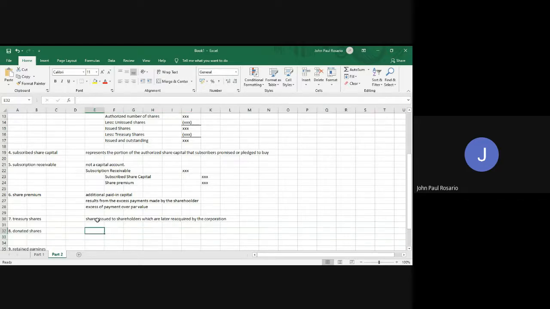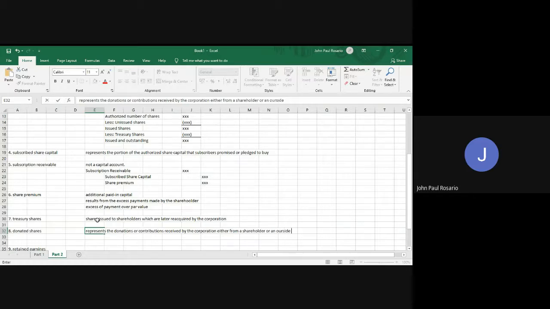And then let's go to donated capital. So this represents the donations or contributions received by the corporation either from a shareholder or an outside party.